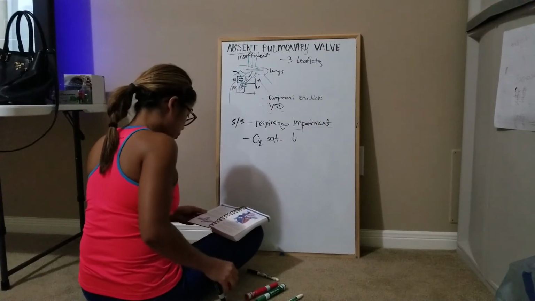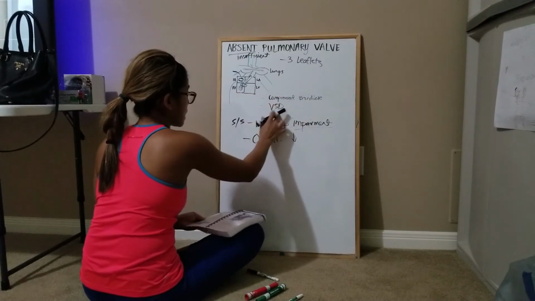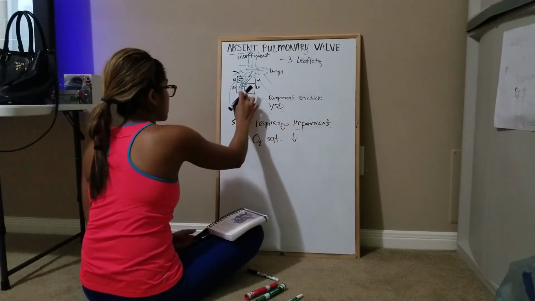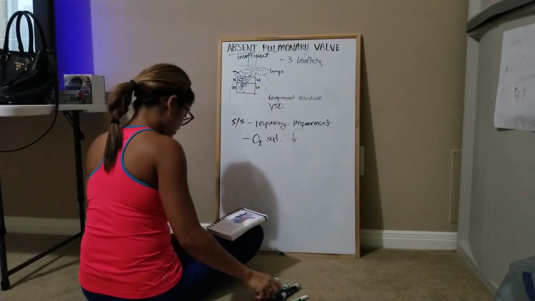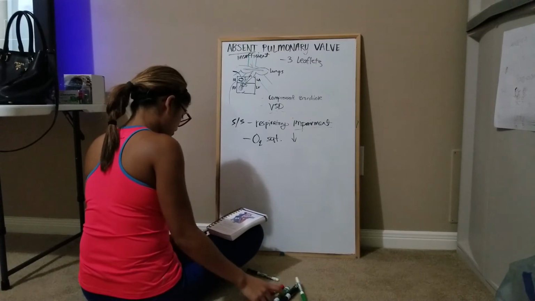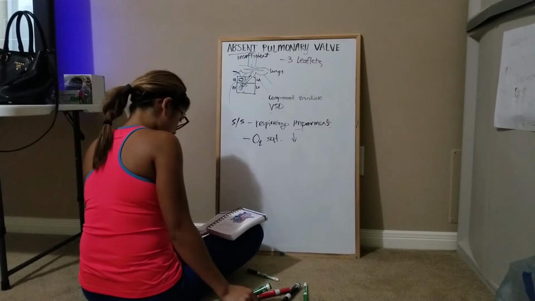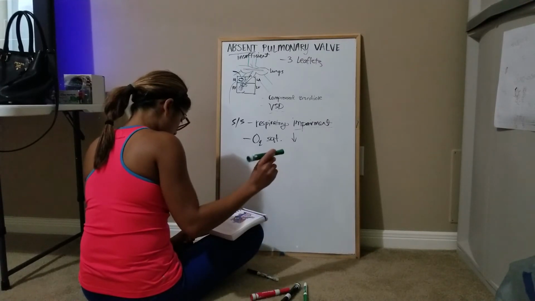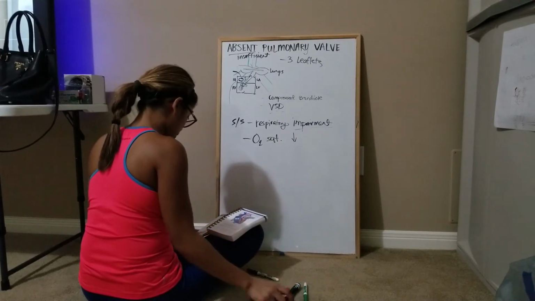Also, in the presence of a ventricular septal defect, because like we said, sometimes it occurs with a ventricular septal defect, that means this is open. So there is a shunting of blood from higher pressure to lower pressure. Right to left shunting can occur, leading to systemic desaturation.